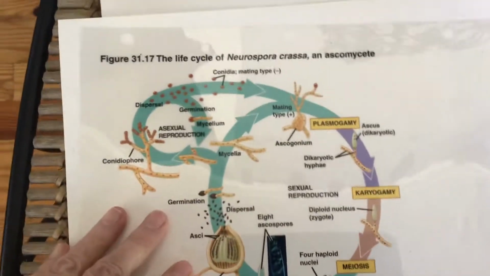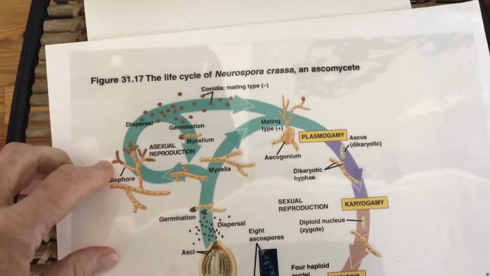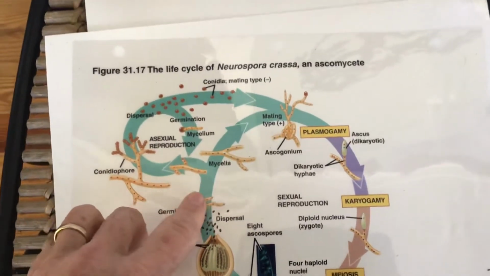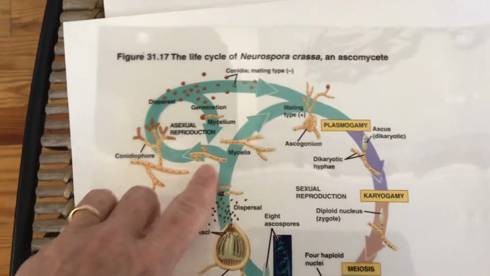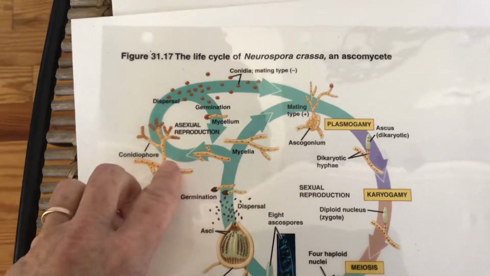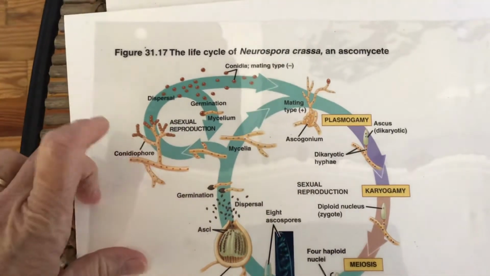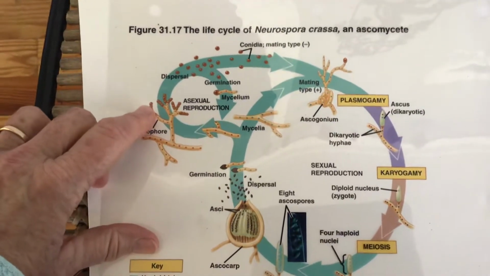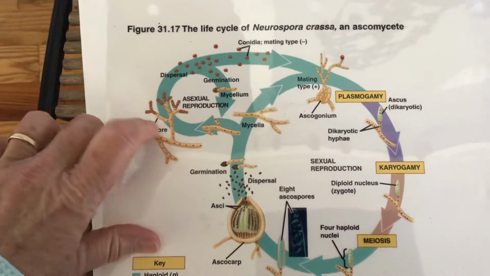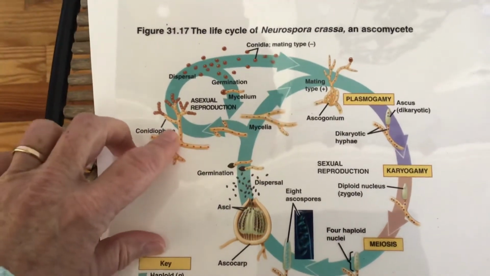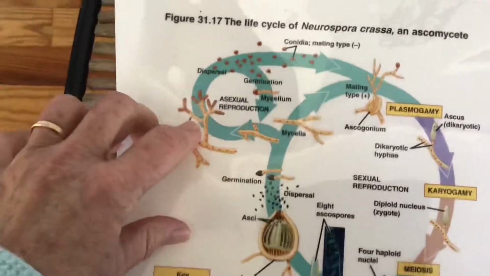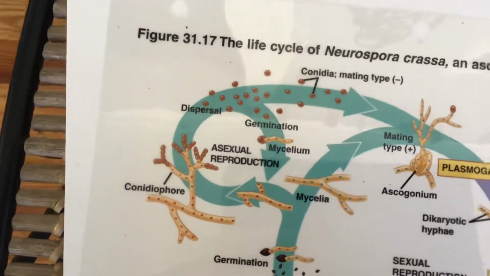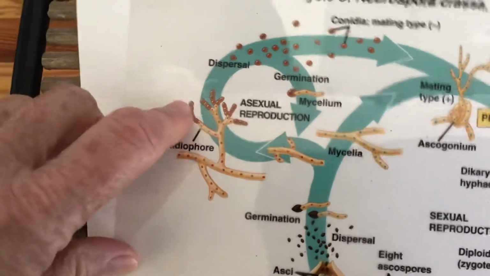All right, so let's look at their life cycle so we can talk about some of these structures. First of all, they would possibly have an asexual part, as most fungi do. Their mycelium, which is septate, will grow and produce these little things called conidia on the end of their structure, the conidiophore. These look like little teeny balls on the ends of each of these.